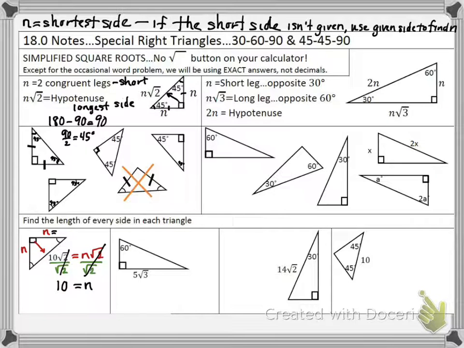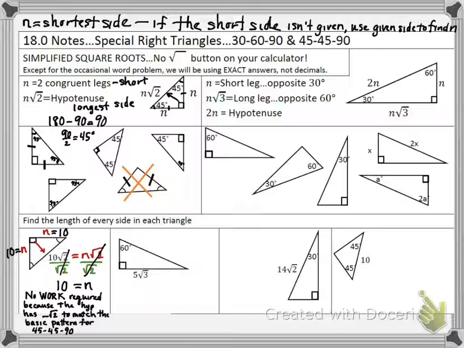That means my matching short legs are both 10. I showed a little work for that, but the root 2 was already on the side that should have a root 2, so I'm thinking that a lot of us don't really need to show any work for that problem. What I just said I put in writing in case you want to write it down.